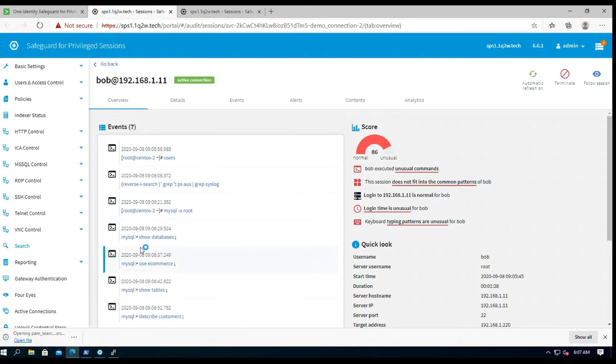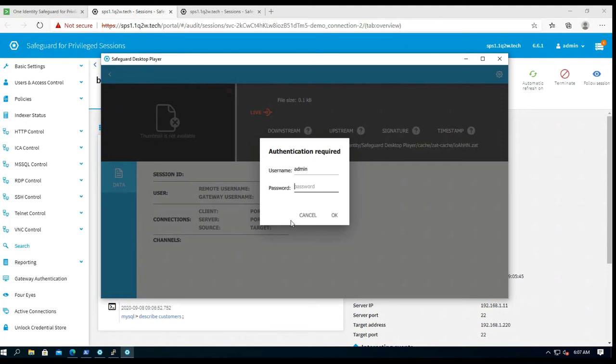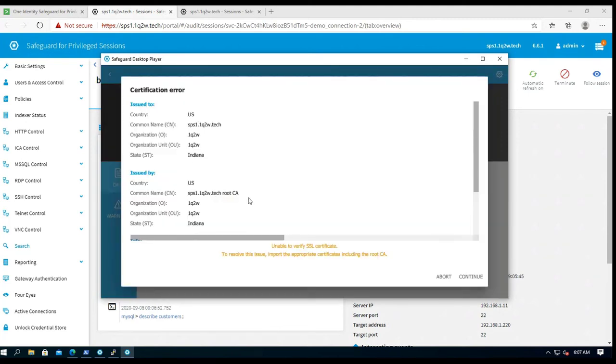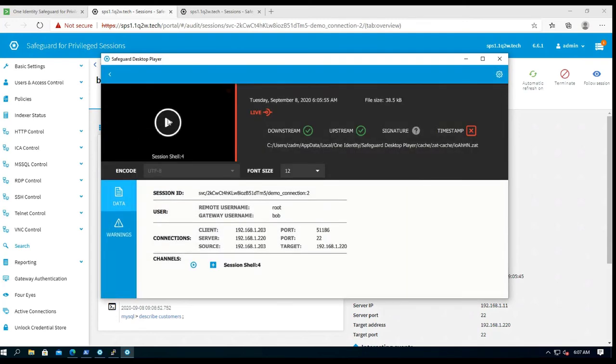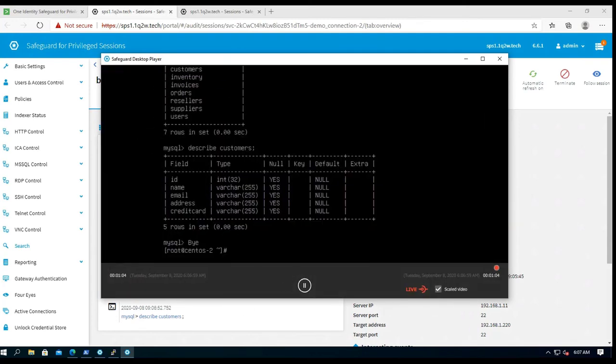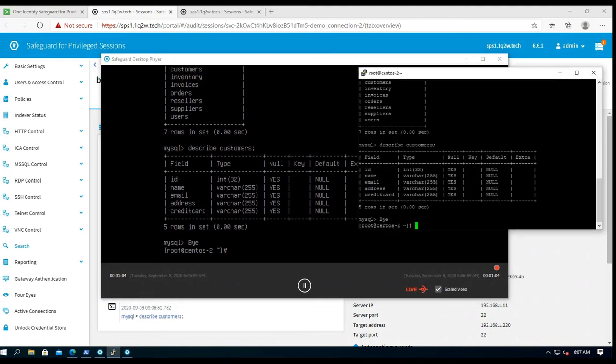So the security guy, since he knows that Safeguard protects the critical data because he's configured it in that way, wants to understand the activities of the hacker better, and therefore decides to follow the activities in real time. So now you will see in parallel what the attacker is doing and what the security team sees.